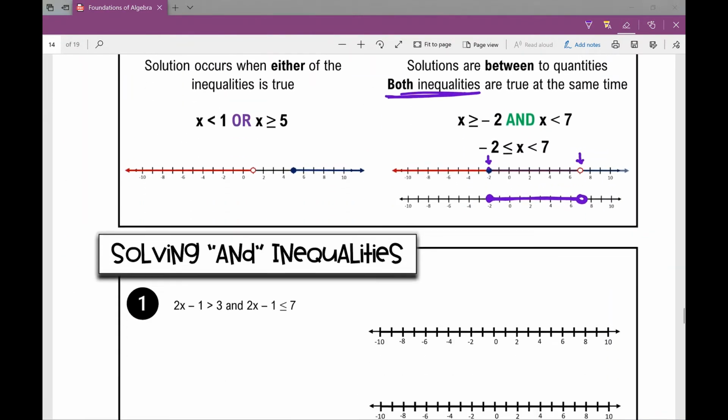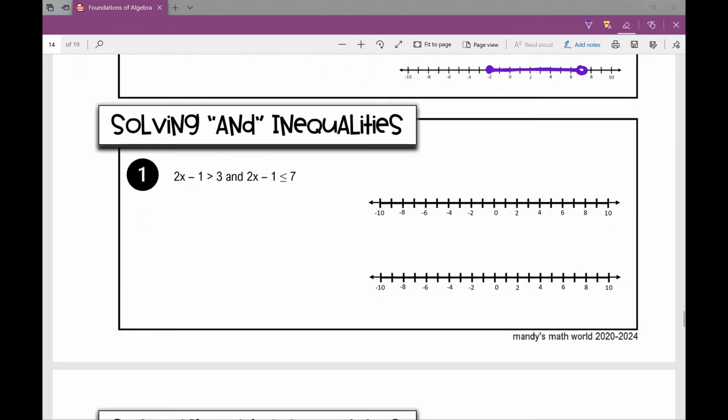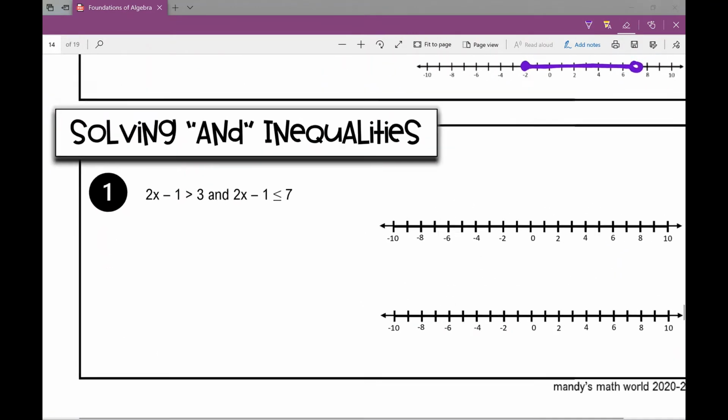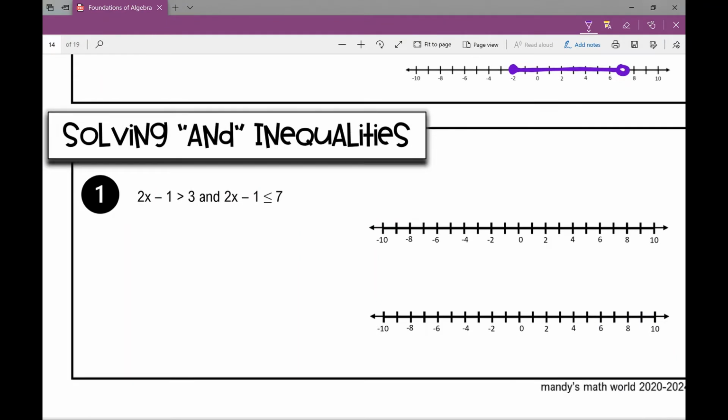So how do we solve AND inequalities? Let's look at this first little scenario. Obviously I've got two inequalities and I've got to solve them. 2x minus 1 is greater than 3. So let's solve for x. I'm going to add 1 to both sides. So I get 2x is greater than 4. And then I'll divide both sides by 2 and I get x is greater than 2.